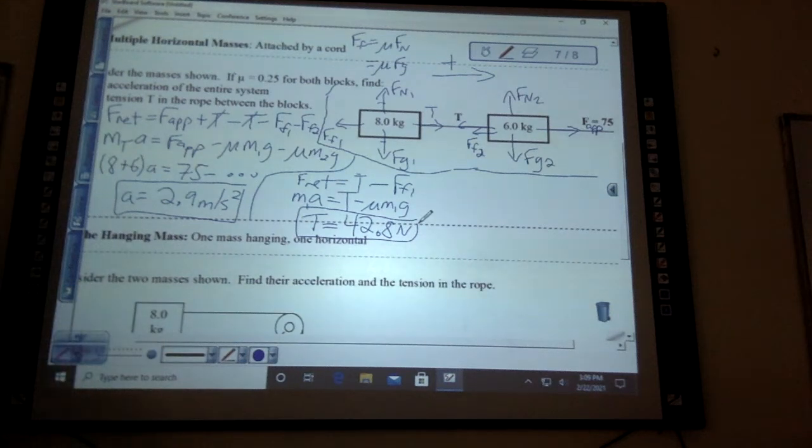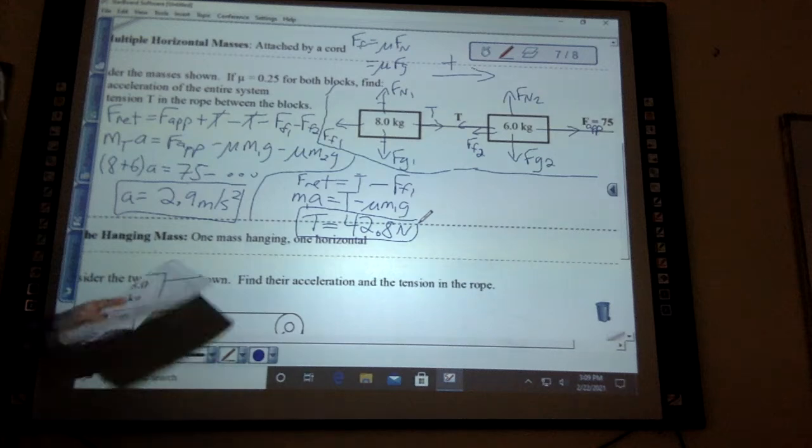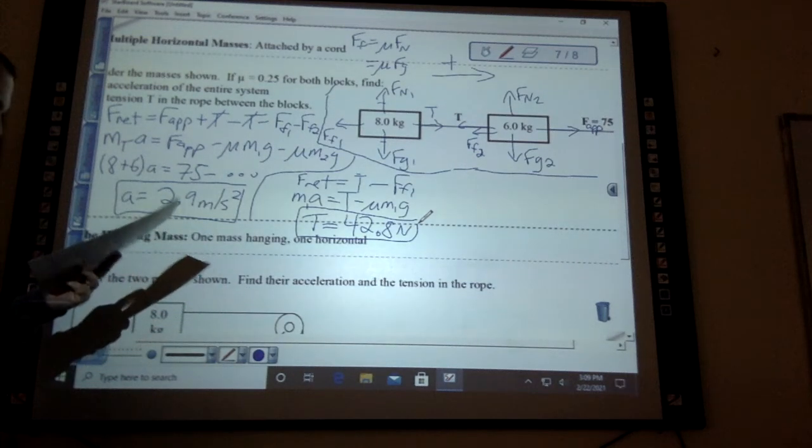Again, if you have the space, you can put in the numbers and actually solve it. But this is what you get. So that's the tension. If you use the other mass, you'd get the same thing. It'll still be the same thing.